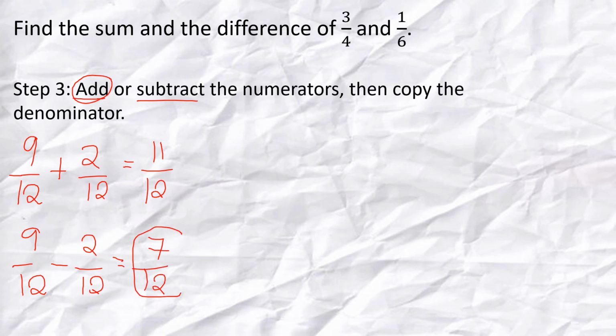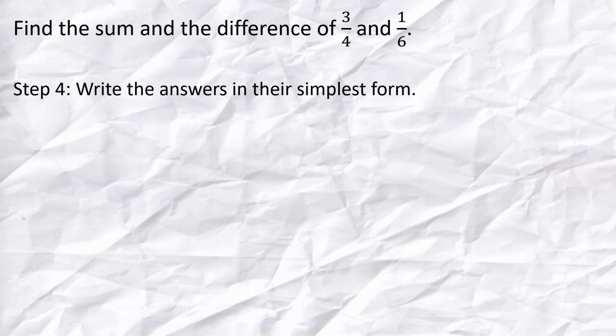So look at our fractions, 11 over 12 and 7 over 12. Since both fractions are already in the simplest form, we cannot simplify them anymore. So our final answer is the sum is 11 over 12 and the difference of the two is 7 over 12.